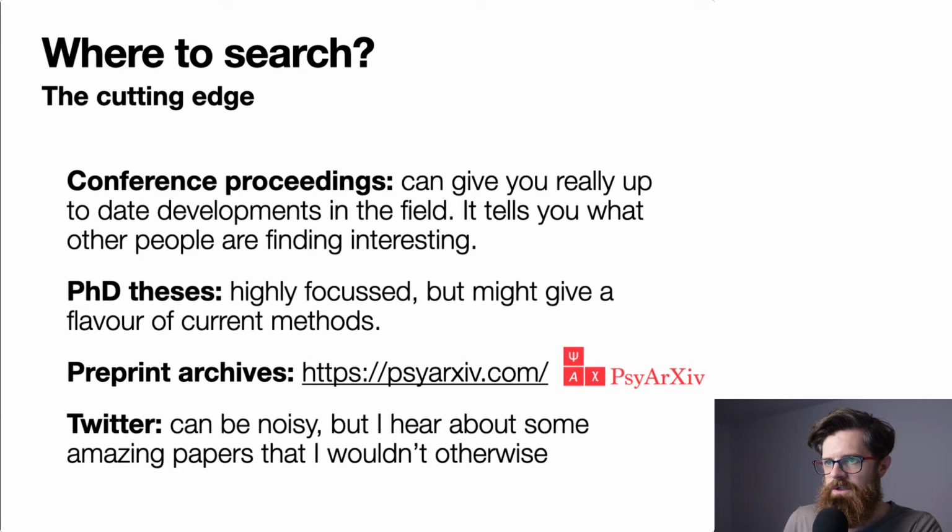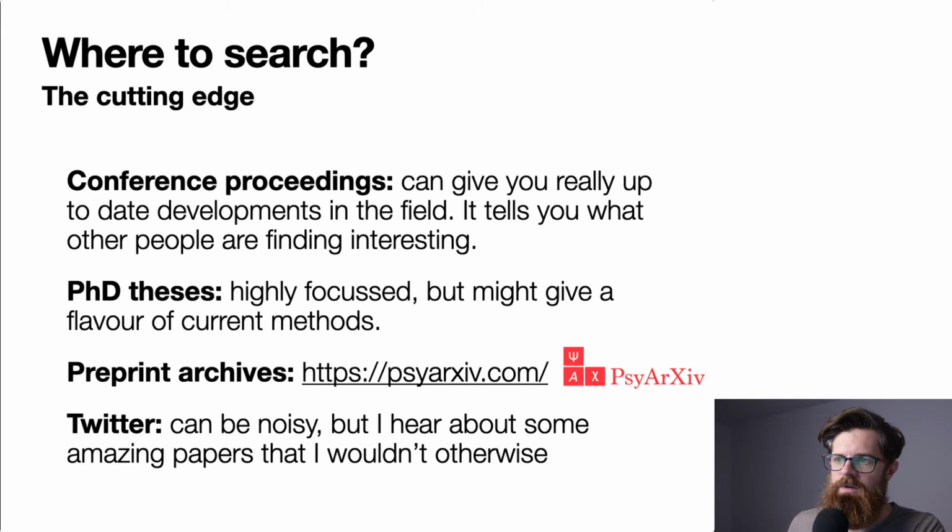Then, of course, zooming in even further, you could think about how can I get exposure to the cutting edge of what's going on here. Now, one way of doing that might be to look at conference proceedings. When scientists go and present their work in academic conferences, they will often write articles. They will submit abstracts to the conference.